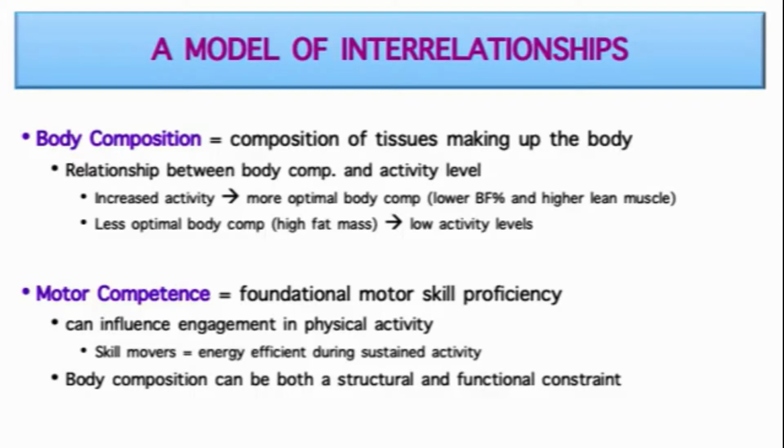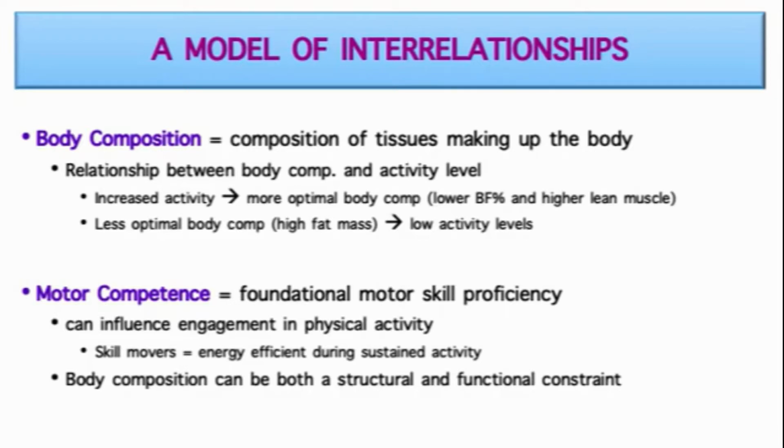And so body composition, as probably a review for most of you, is the composition of tissues making up the body. And this has a relationship with the amount of activity that someone might engage in. Typically, people who have increased levels of activity are likely to have a more optimal body composition, right?